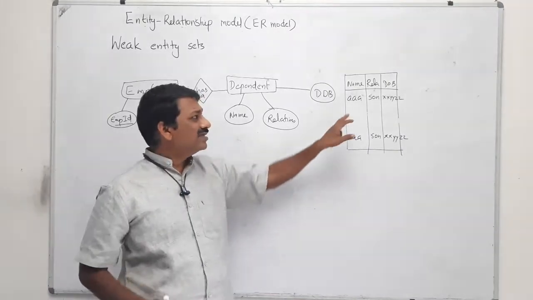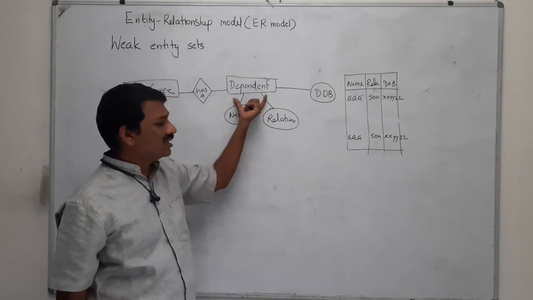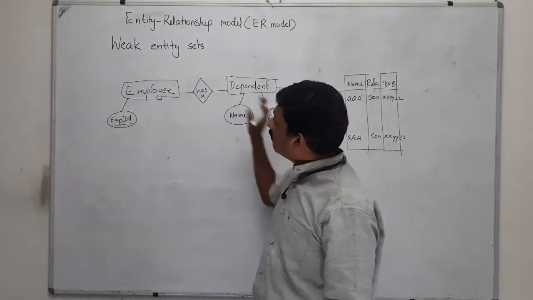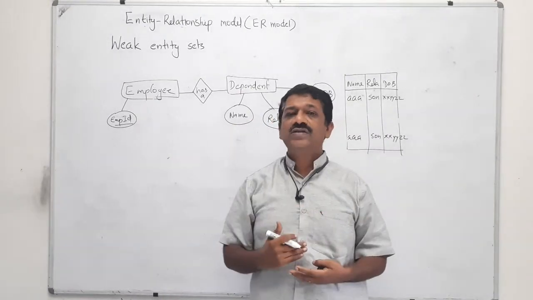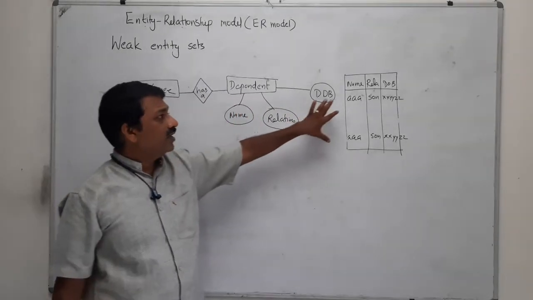So this dependent entity depends on the employee entity to distinguish a particular record. That's why we call it a weak entity set.